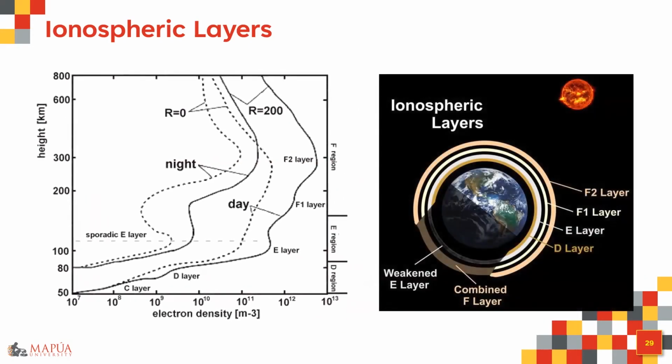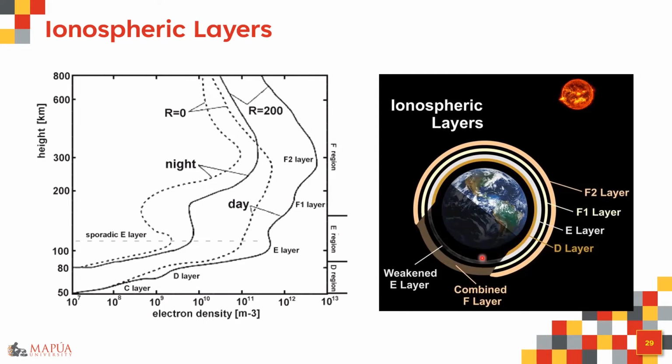If this is your Earth, these are the layers of the ionosphere: D, E, F1, and F2. These are formed on the day side. But on the night side, due to recombination, which I'm going to talk about later, the F1 and F2 combine into the F layer, and the E layer is weakened because there is not much ionization energy present.